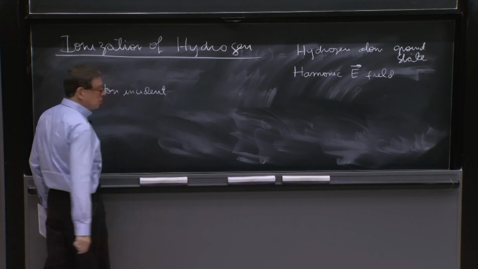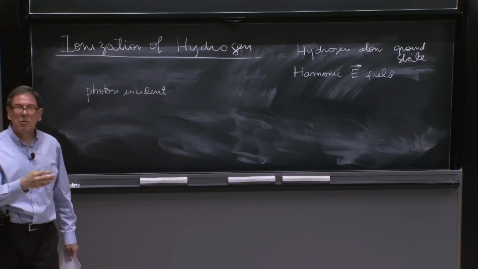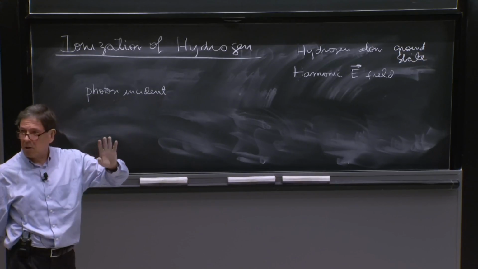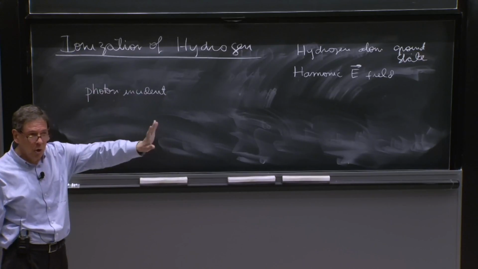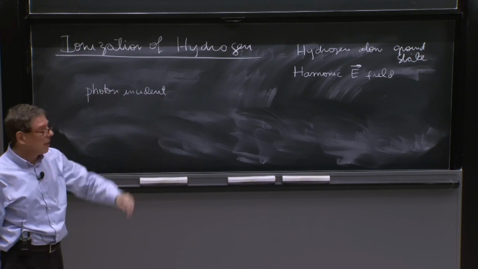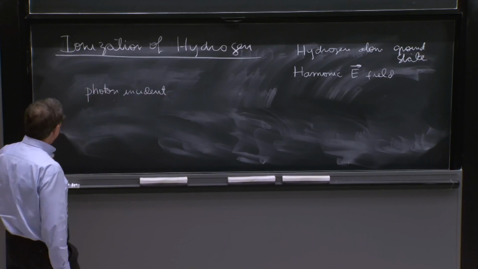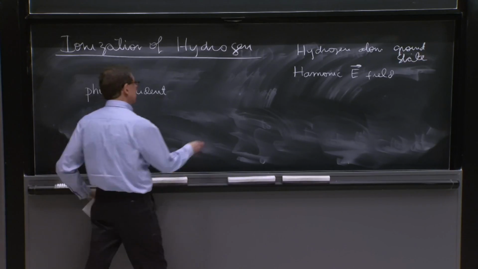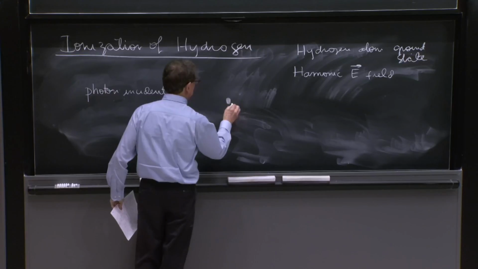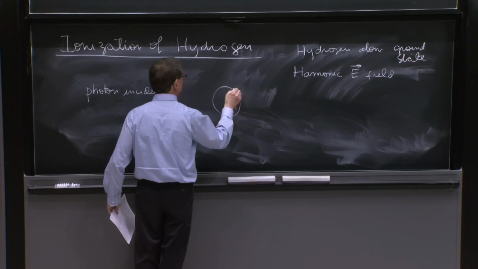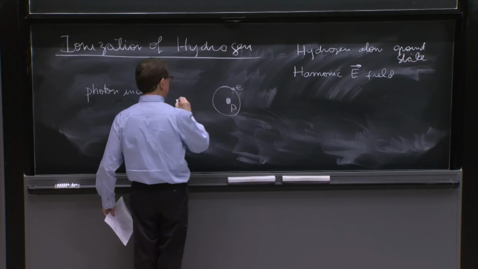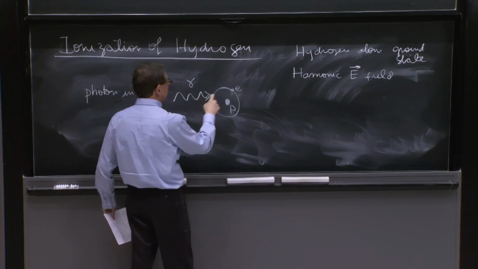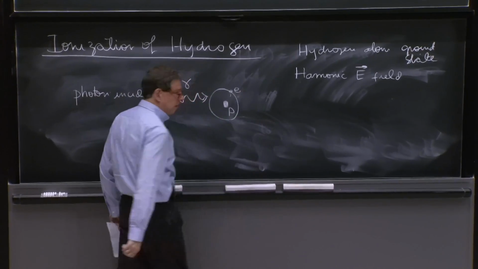We think of this in terms of electromagnetism, although our treatment of electromagnetism is not going to include photons in our description, but we physically think of a photon that is incident on this. Here's a proton, here's the electron going in circles, and the photon comes in, a photon gamma, and it kicks the electron out.